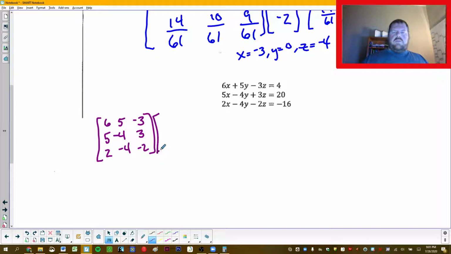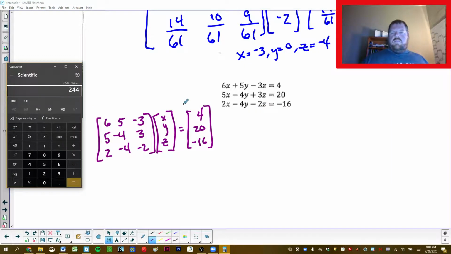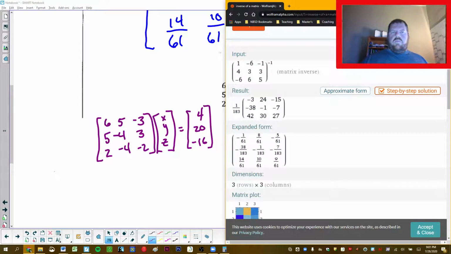So that times my x, y, z is going to equal 4, 20, negative 16. Let's see. I need Wolfram Alpha.